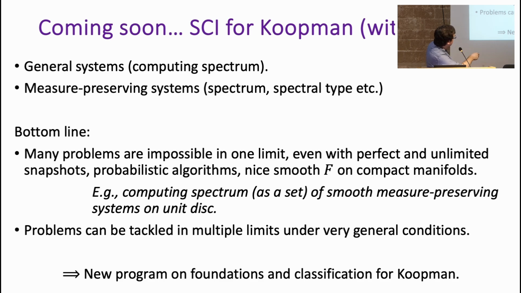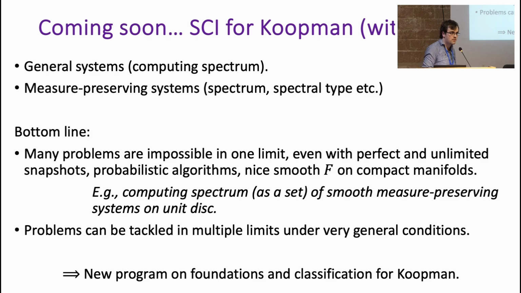But many problems are impossible to solve in one limit, even with perfect and unlimited snapshots. So you can take M as large as you want, to any accuracy you want, so the noise is as small as you want, even with smooth F on compact manifolds. For example, computing the spectrum as a set of smooth measure-preserving systems on the unit disk, where the L2 space is with respect to the Lebesgue measure, that's impossible in one limit.